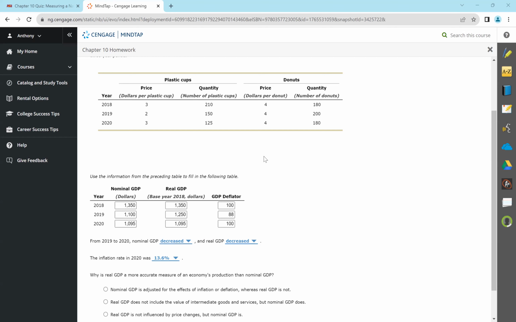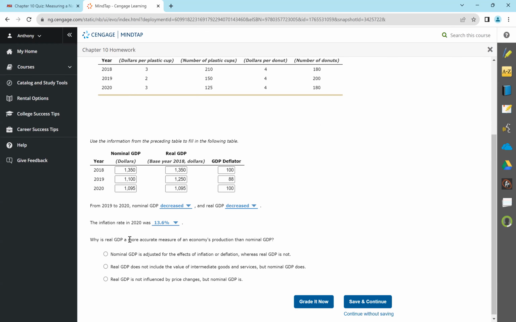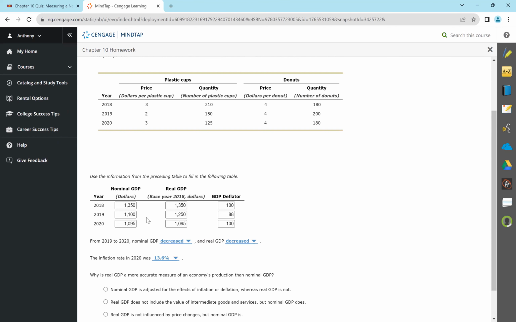I don't know. I don't love these numbers. Are the numbers in the little boxes? Well, I just feel like, did I do this right? Did we do this right? Is nominal GDP, real GDP?